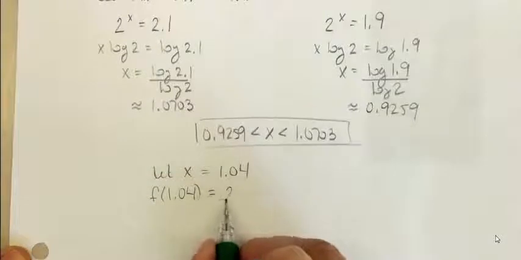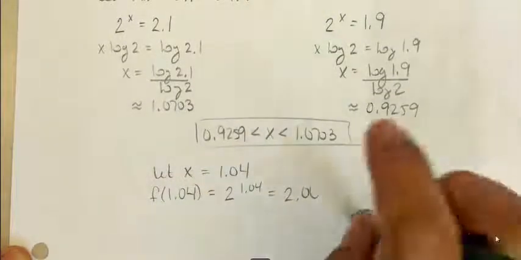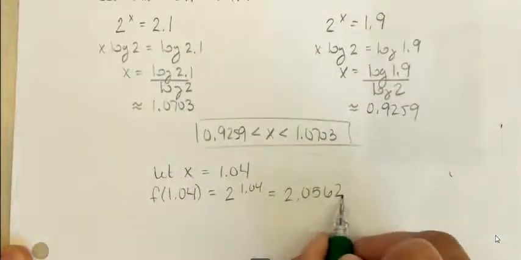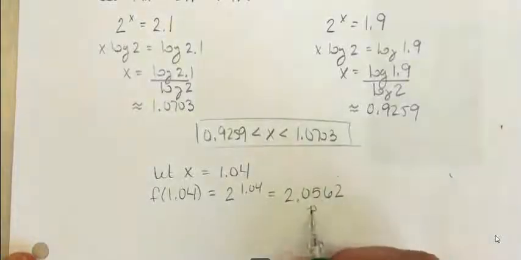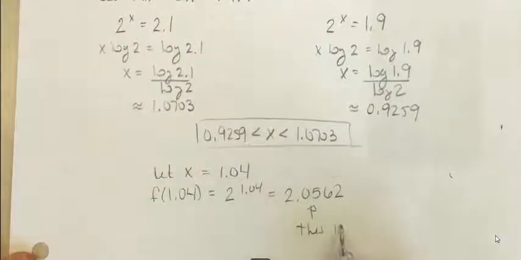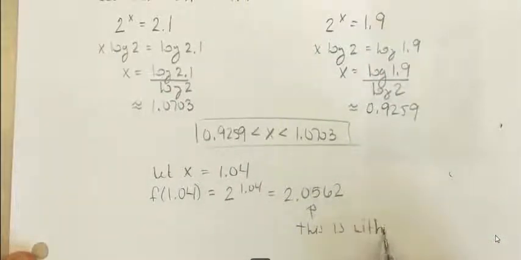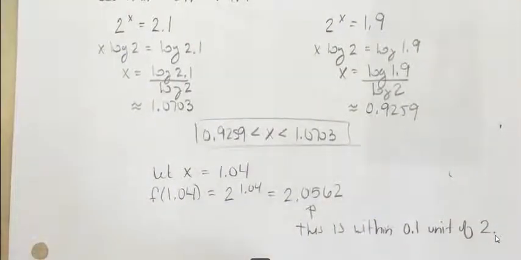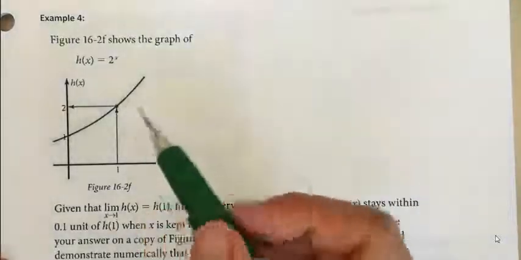Plugging that in, you get 2 to the 1.04, which is 2.0562. And obviously this is within 0.1 unit of 2.